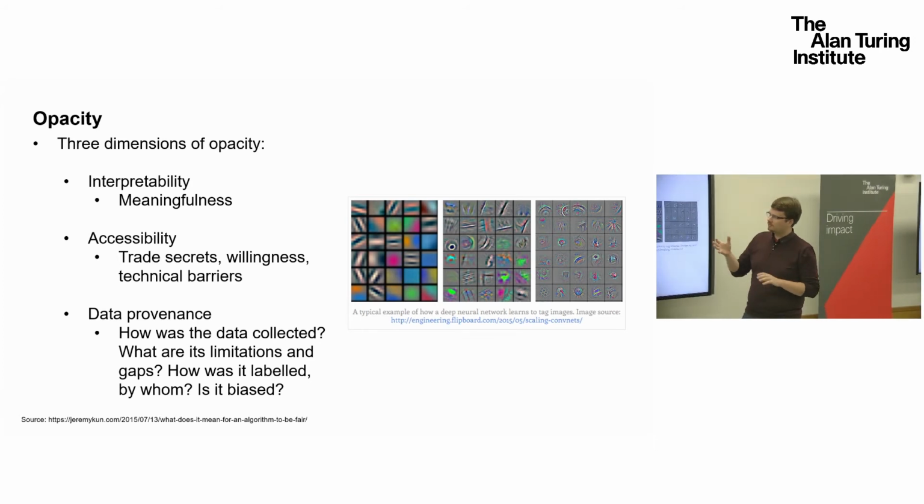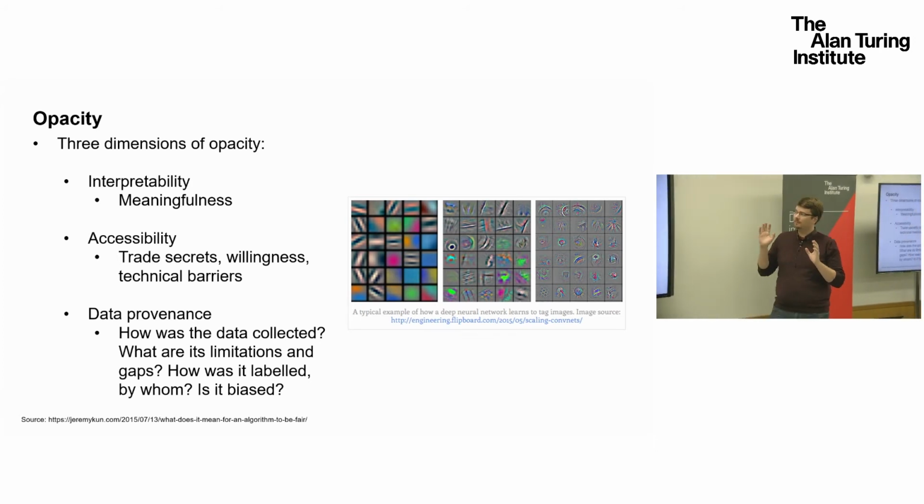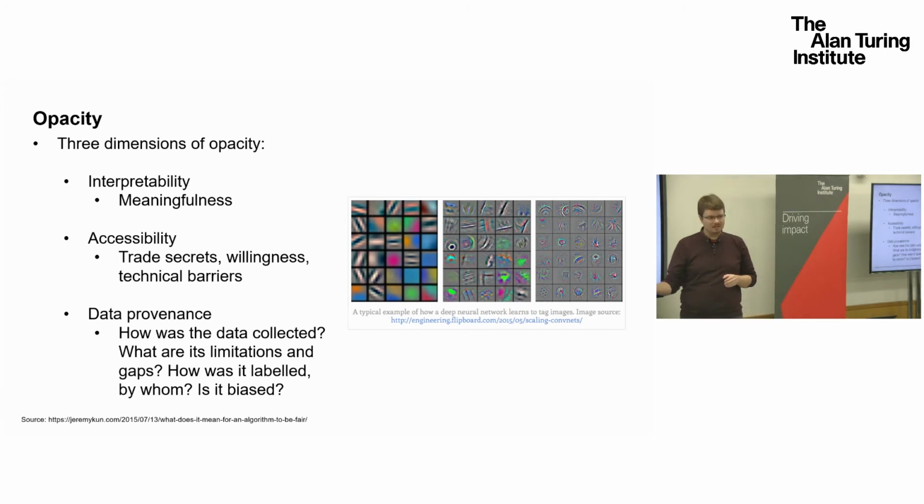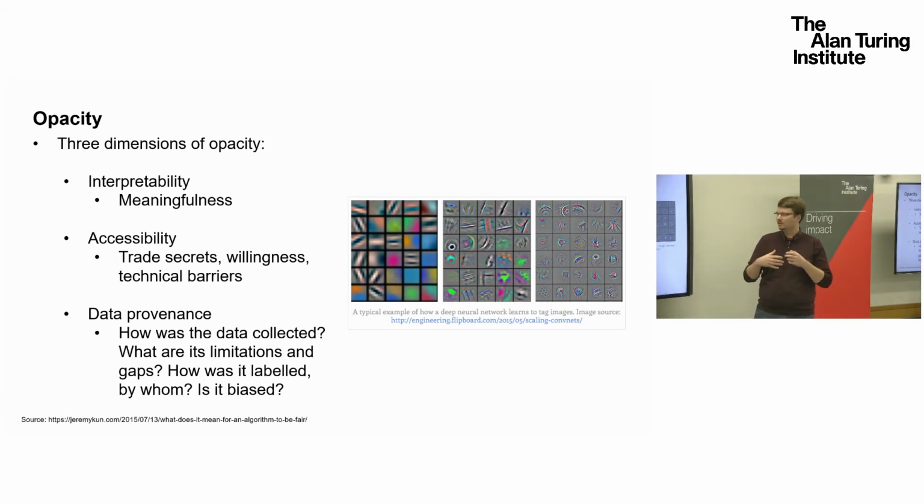But another very relevant dimension of opacity is the accessibility of systems. So are systems intentionally kept secret to protect trade secrets, or just because there's something going on where the provider of the system does not want you to actually look at it? And also, are there simply technical barriers to actually sharing the system?